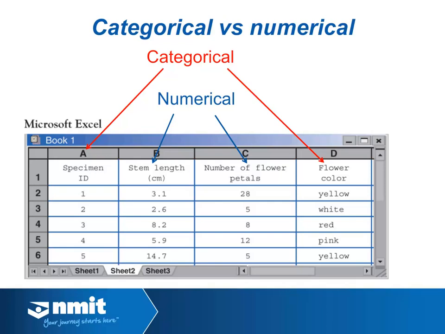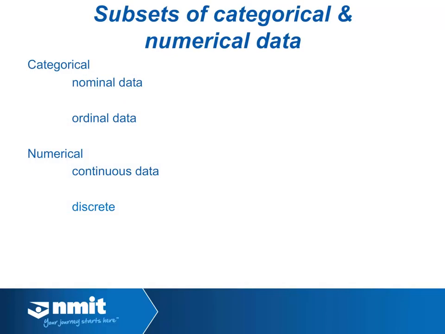You can see that specimen ID is actually given numbers, but that is a categorical variable. So we've seen how categorical and numerical variables are defined. Now let's look at the subcategories within these two variable sets.